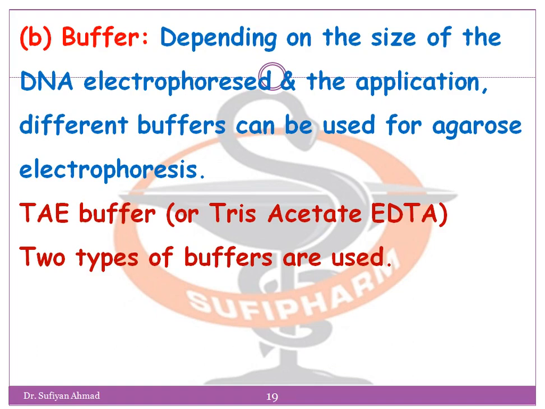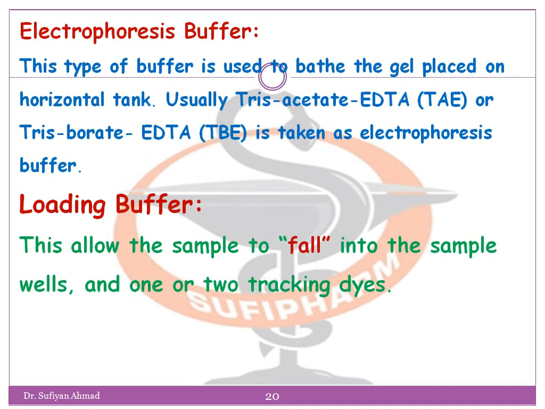Two types of buffers are used in the process of agarose gel electrophoresis. The gel is placed in a horizontal tank, usually with Tris-acetate or Tris-borate as the electrophoresis buffer.